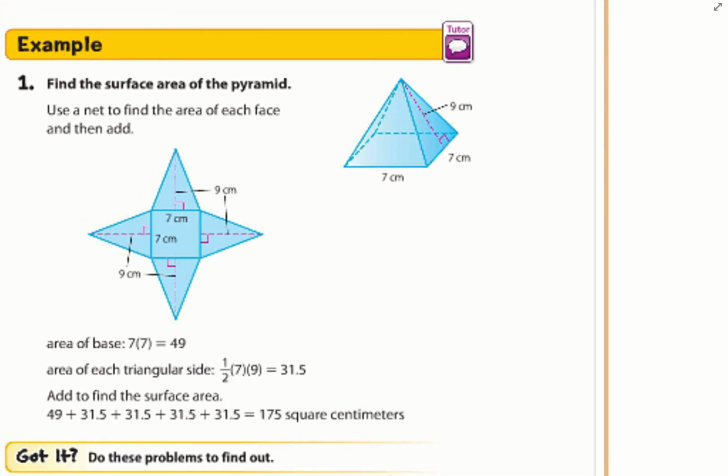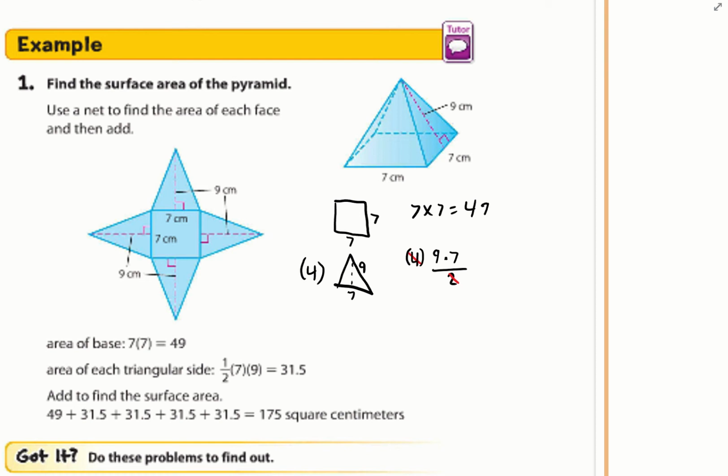If I look at my base, I have a square. It's 7 by 7, so 7 times 7 equals 49. Now my triangle is 7 by 9, and I have 4 triangles, so I multiply by 4, and 9 times 7 divided by 2 is the area of my triangle.